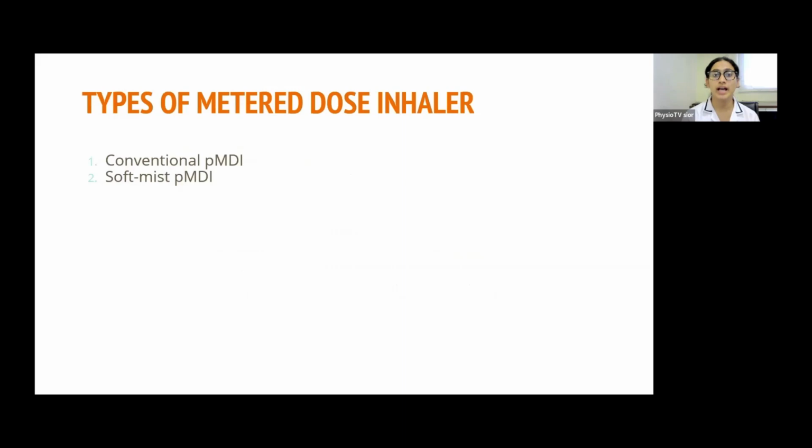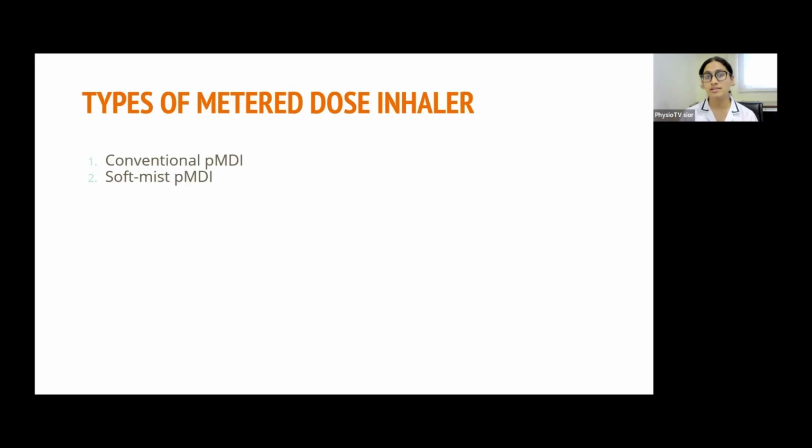Now, talking about types of meter dose inhaler. So there are two types of meter dose inhalers. One is conventional and the other is soft mist type. So this is the conventional meter dose inhaler. Here, if you can see, I have used the term PMDI.